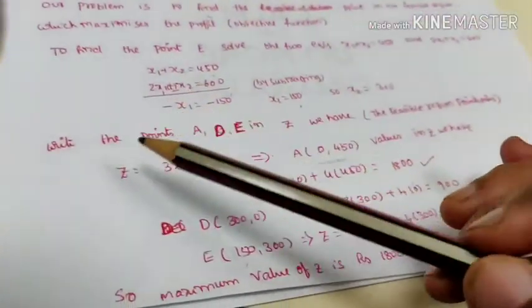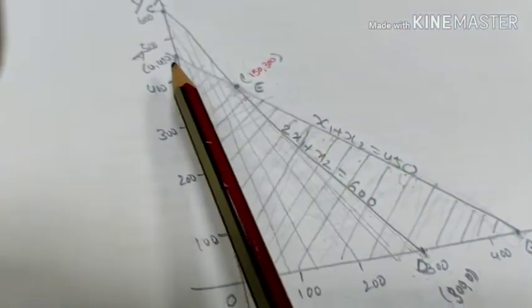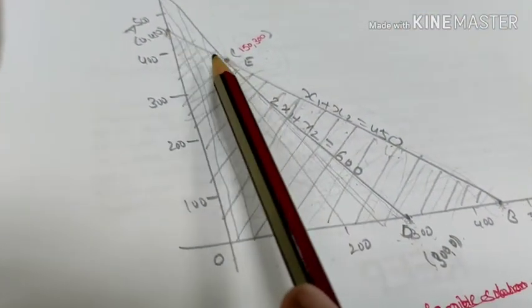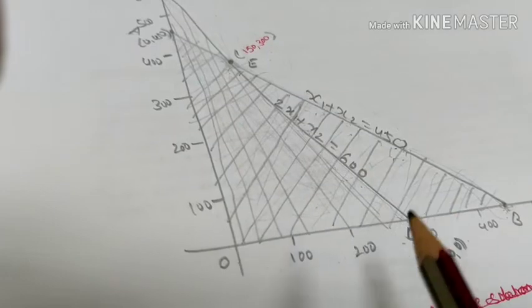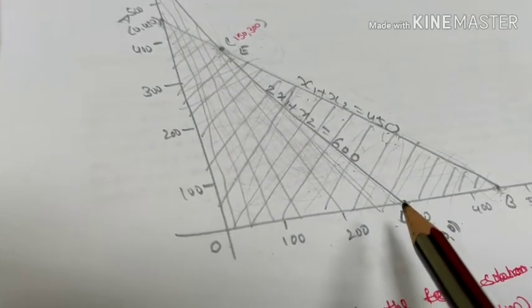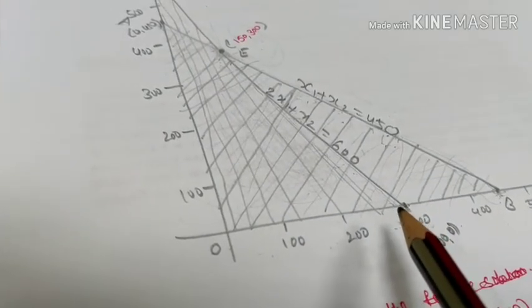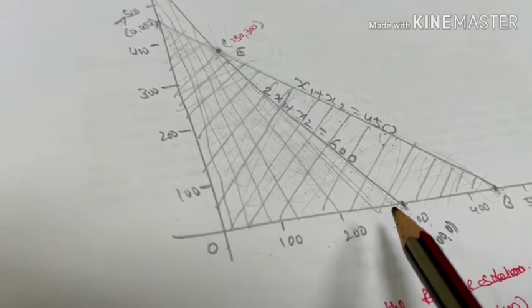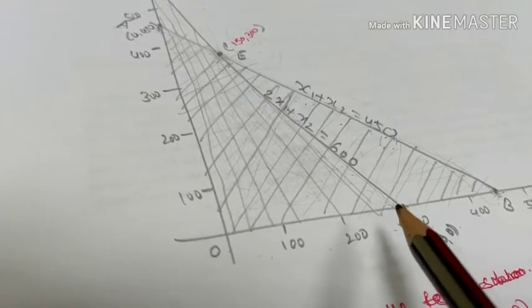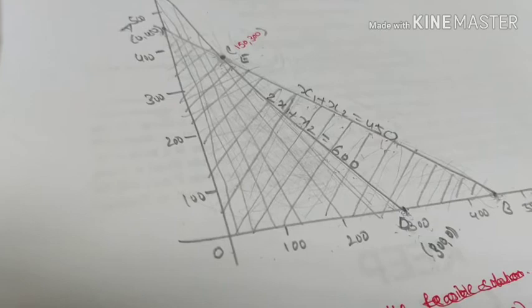Now substitute these points A, E and D in the objective function, that is z equal to 3x1 plus 4x2. Where you get the maximum value, that will be the maximum profit.